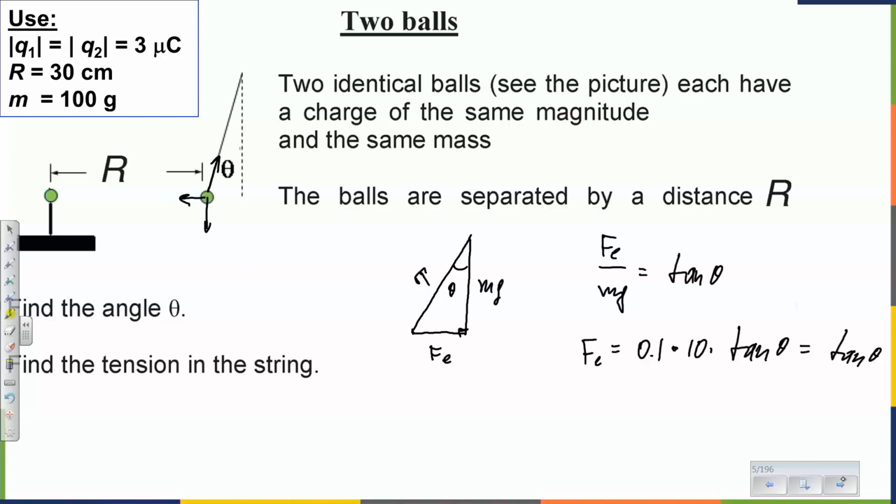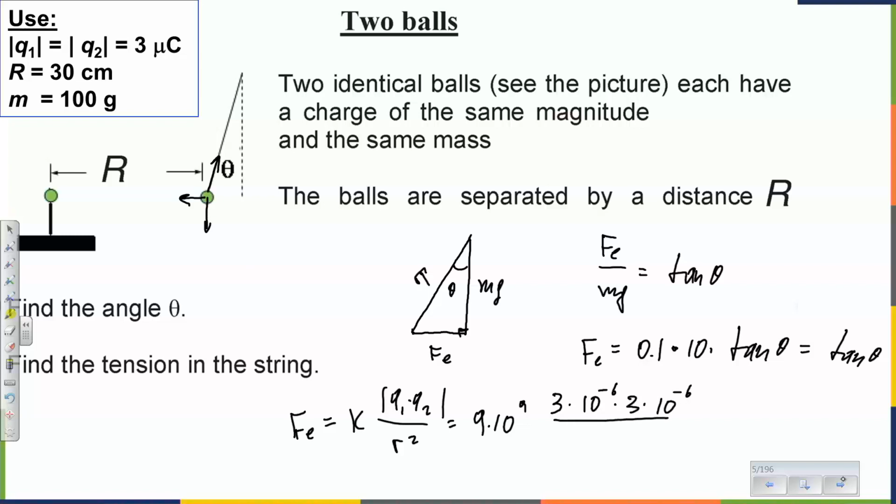If I look at the data, I actually can calculate the electric force directly using Coulomb's law. Coulomb's law tells me that the same force should be equal to 3 microcoulombs times 3 microcoulombs divided by distance 0.3 squared.